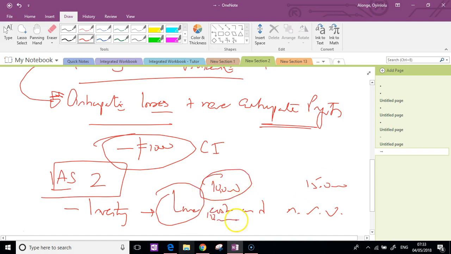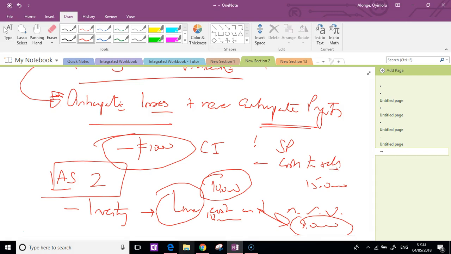If it's 10,000 and it's now 9,000, 9,000 is lower, so take it down by 1. And that's what you need to practice here. NRV will always be selling price minus the costs to sell it. So that's the core, the main message of this chapter, which I just put through for you.